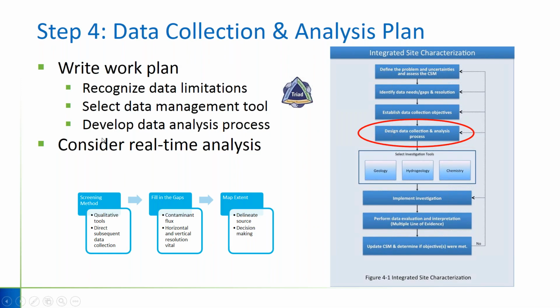So step 4, this is where you've already built most of the elements of your characterization plan. This is the step where you just document everything. We're at this step in the process on the flow chart. This is where you're putting pen to paper and essentially writing everything down. You want to recognize the limitations of what you're doing.